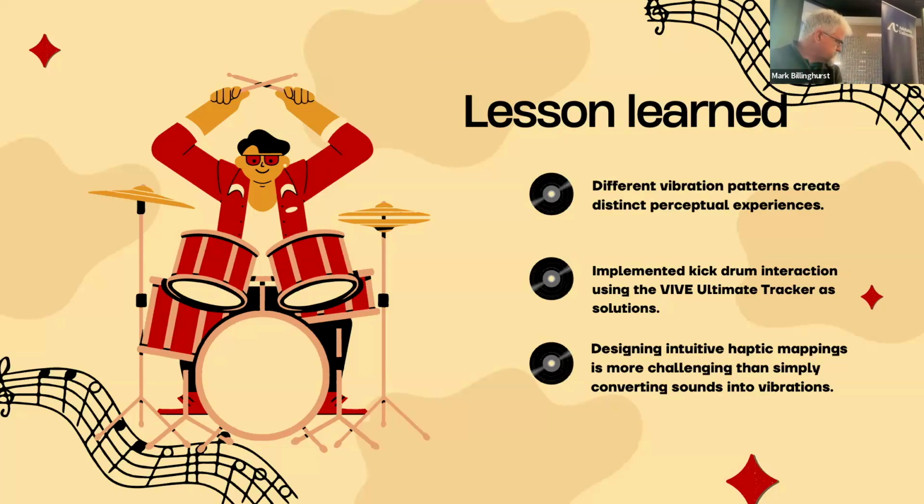One of our implementations was that we used a third-party tracking device called the Vive Ultimate, for the floor drum and foot pedal. That was kind of hard because they run on different platforms and different devices, so they have different pulse and velocity values. So I had to implement that together.